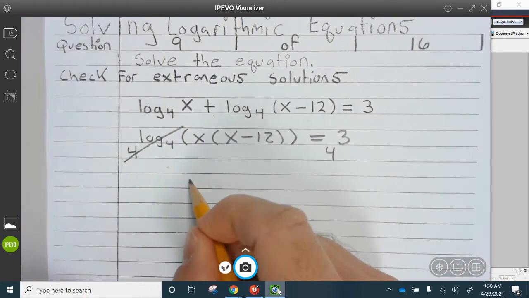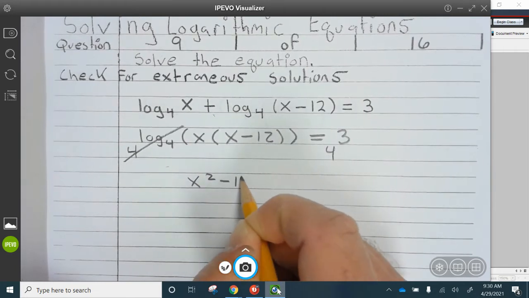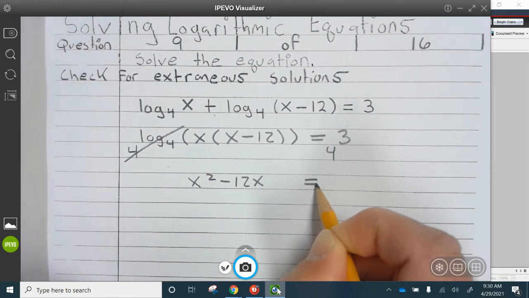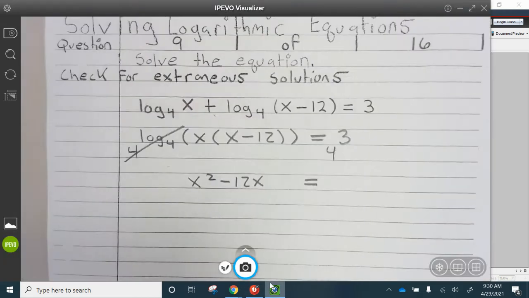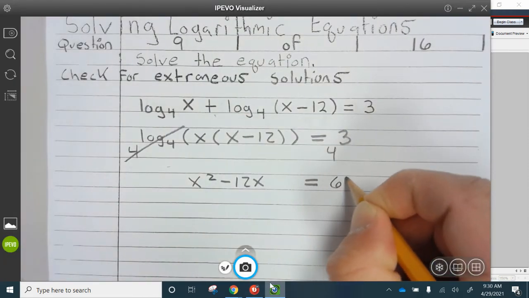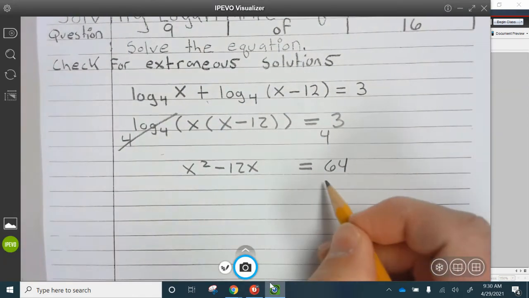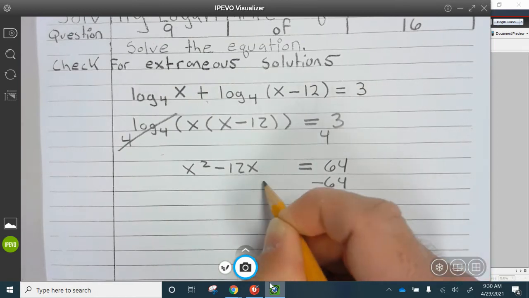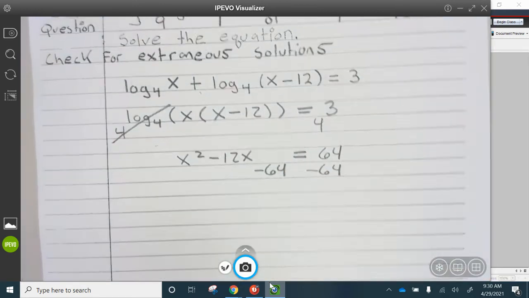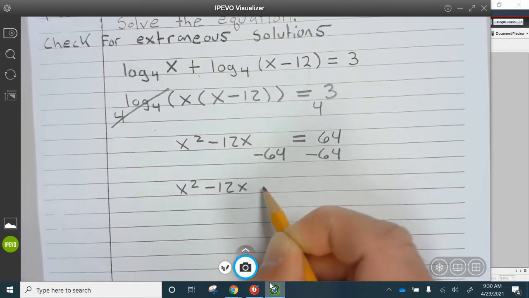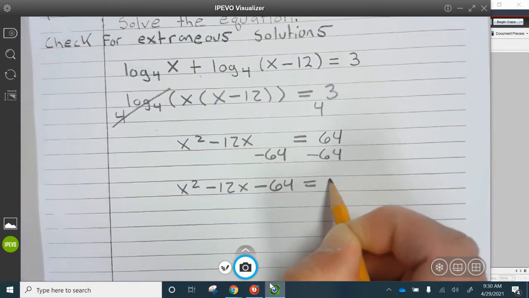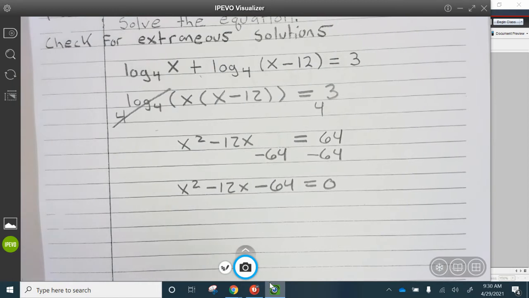We distribute, so that's x squared minus 12x equals 4 to the 3rd power, which, using our calculator, is 64. We're going to subtract 64 from both sides. So then we have x squared minus 12x minus 64 equals 0.